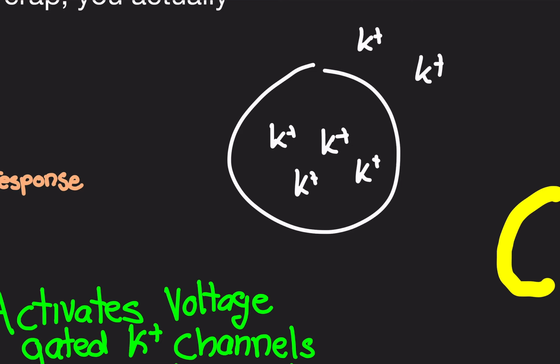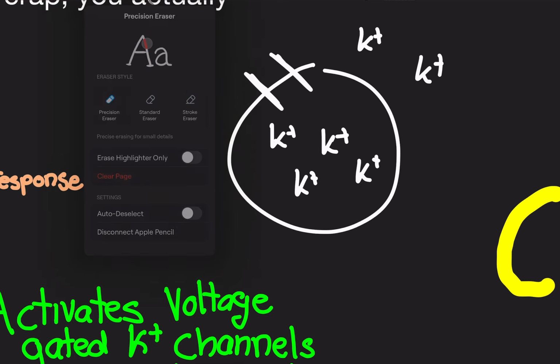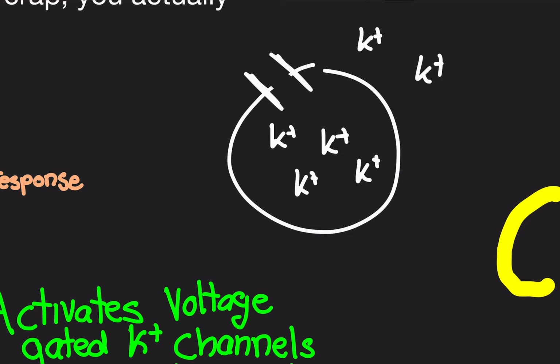So we're going to activate these voltage-gated potassium channels so that now they're open, and potassium is going to go outside.